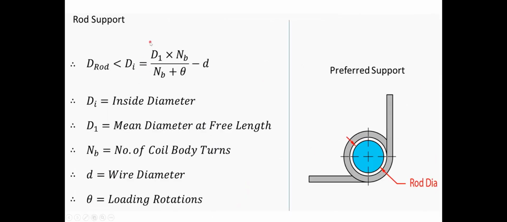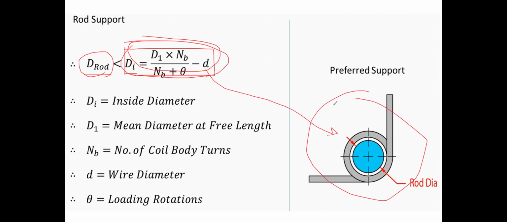So if this torsion spring is applied to a bar, that means this rod is at the center of this torsion spring, and the diameter of the rod is smaller than the inner diameter of the torsion spring. We already know the calculation of the inner diameter, right? And the rod diameter has to be smaller than that if your application is in this case.